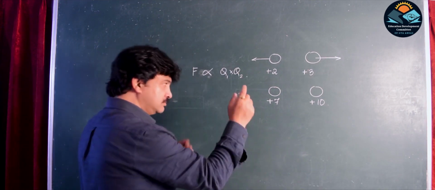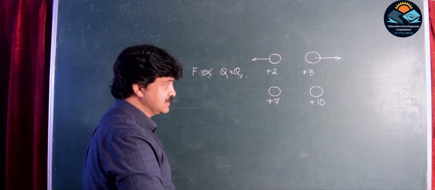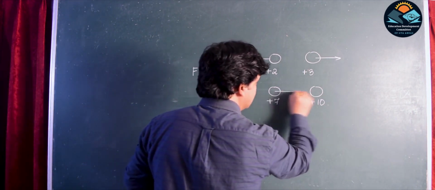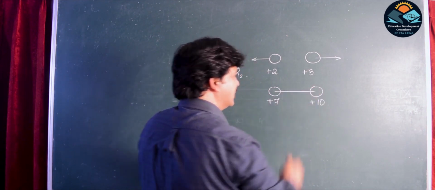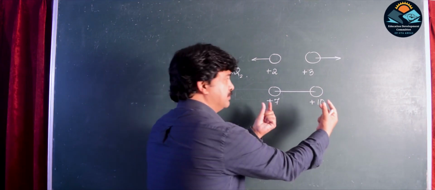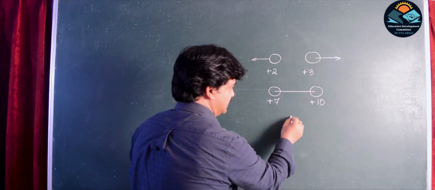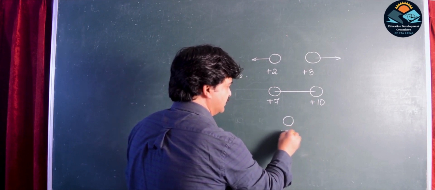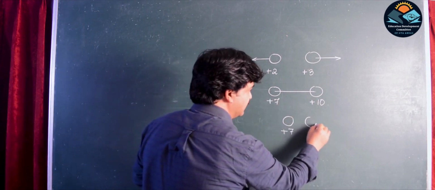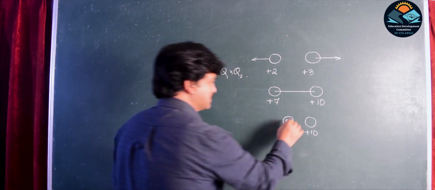Then I'm taking the same charges, plus 10 and plus 7. Now here they are this far apart from each other. What if I bring the two charges closer to each other? Here is the charge plus 7 and here is the charge plus 10. Now what do you expect?